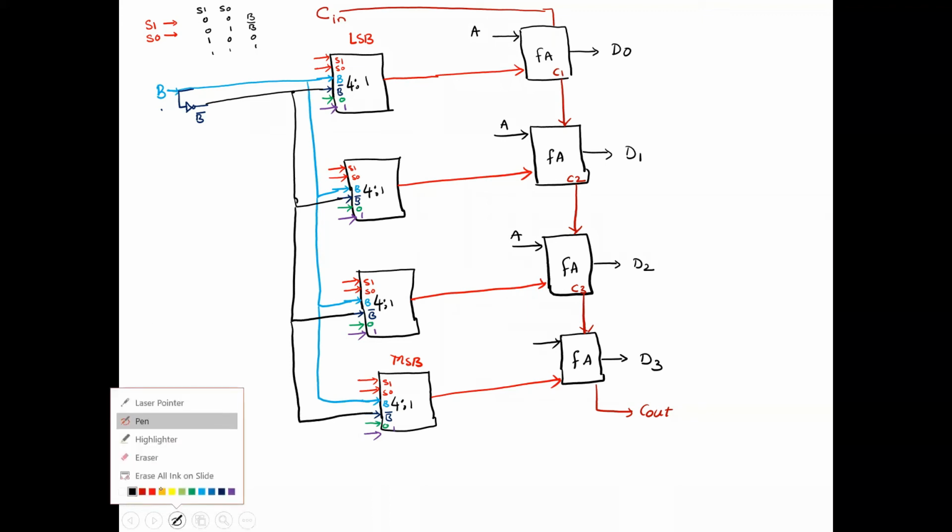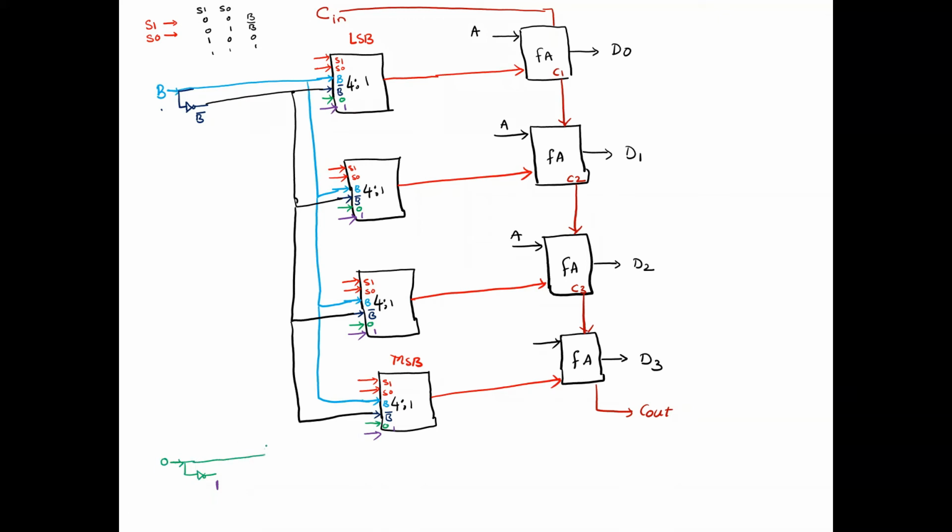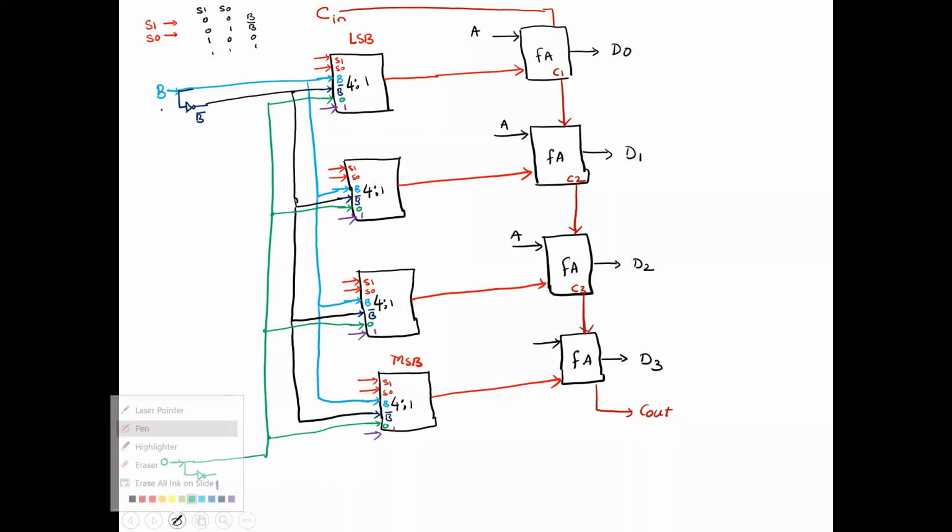And then similarly for 0. So 0 is here, right? I'm going to extend this line up to here. 0 you connect here, 0 you connect here, and then 0 you need to place over here. And finally, we have 1.